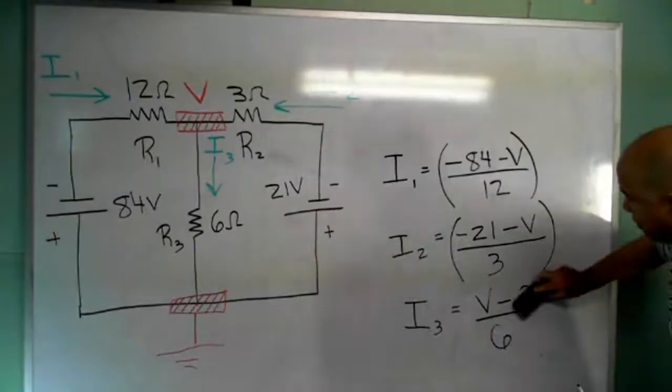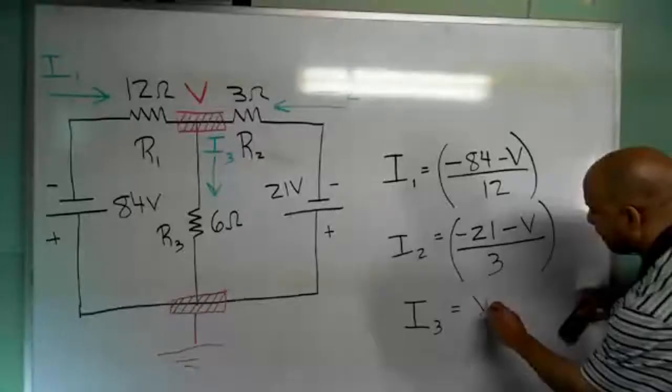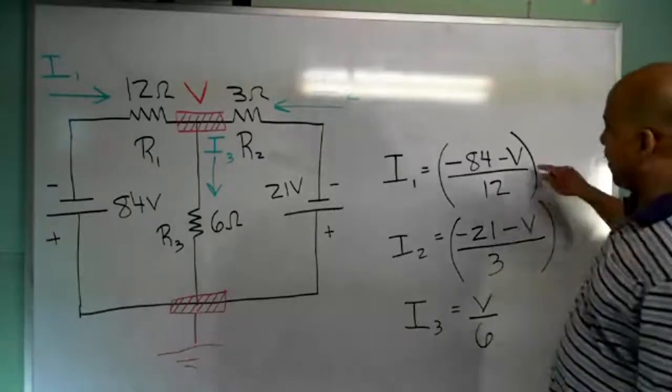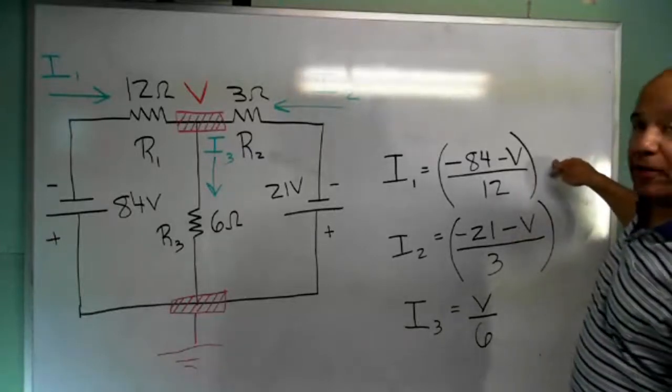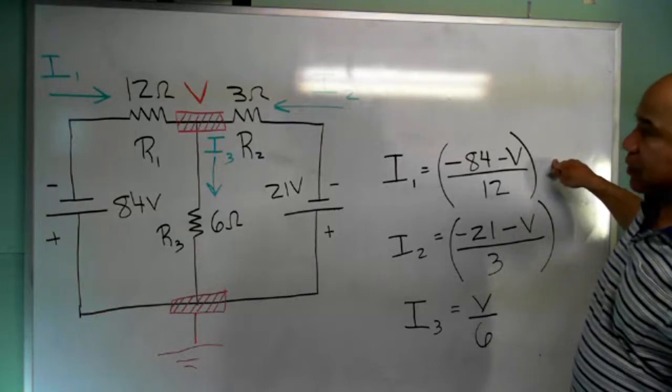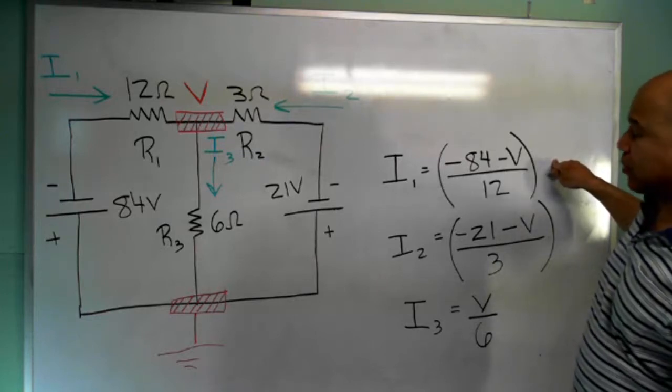I got a question, sir. Go ahead. Why don't you use I3 equals I1 plus I2? We are. That's the next step. But before you do that, you have to write the currents in terms of V. And you'll see why in just a second.